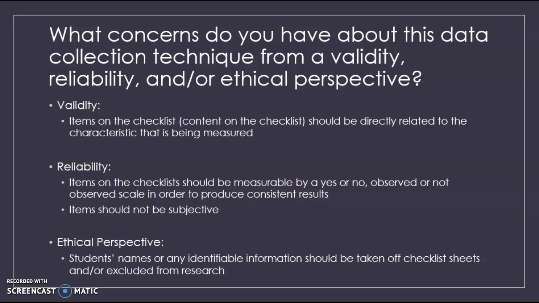Them bringing a pencil to class doesn't directly relate to if my group is working. And then the reliability: items on the checklist should be measured by yes or no, observed, not observed, etc. That's going to help you produce a more consistent scale.